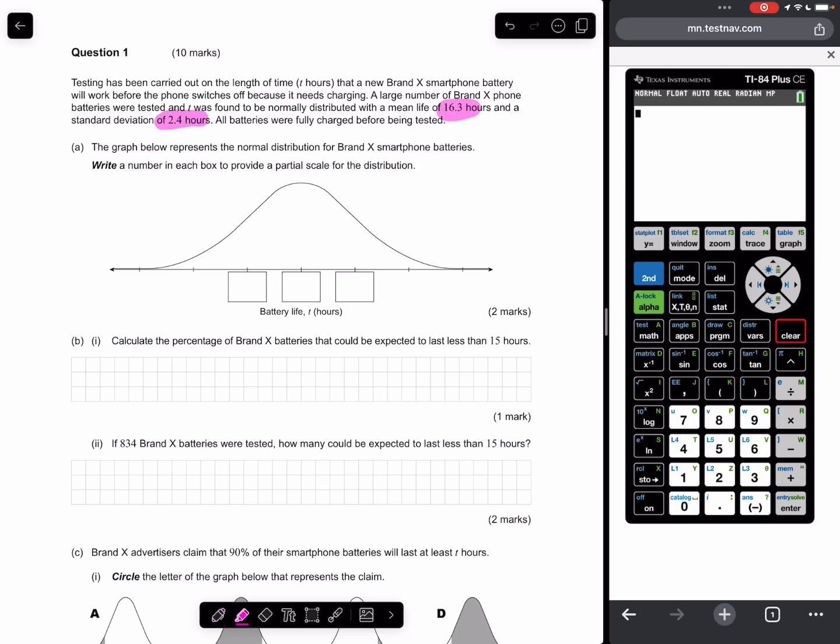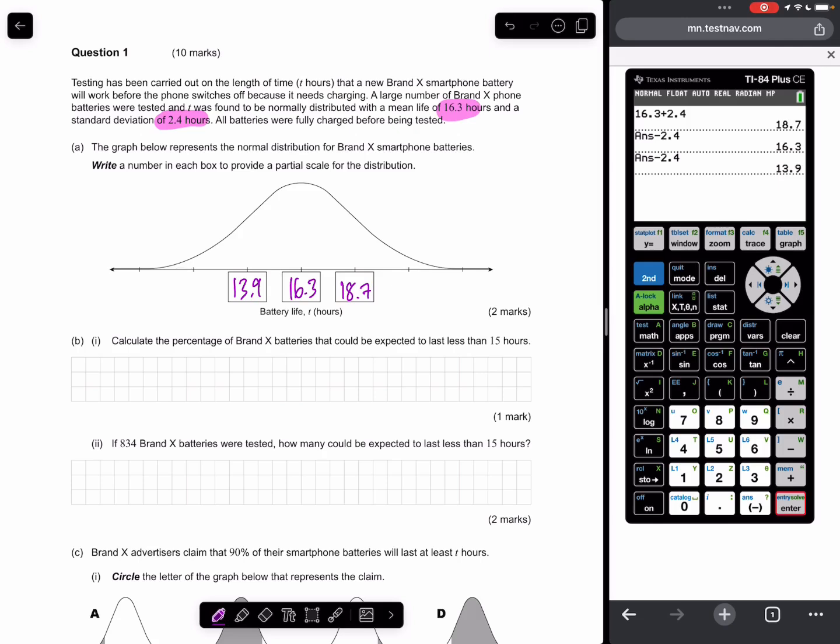Write a number in each box to provide a partial scale for the distribution of brand X. 16.3 hours, 16.3 plus 2.4 is going to be 18.7. Go back to the beginning, take 2.4, 13.9.